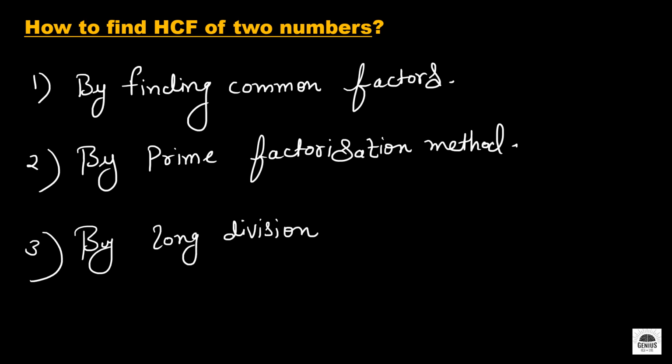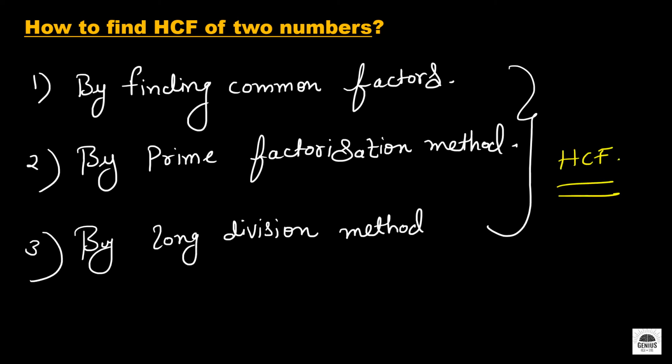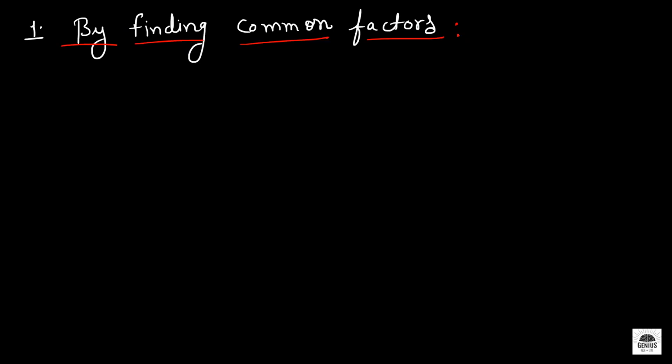So by using these three methods we can find out the HCF of any two or more numbers. First we will discuss how to find out the HCF of two or more numbers by finding common factors.